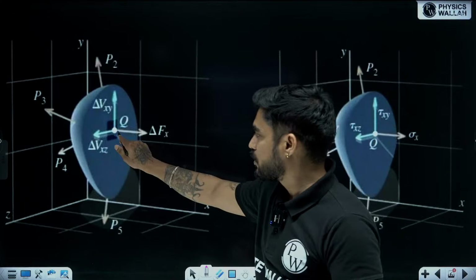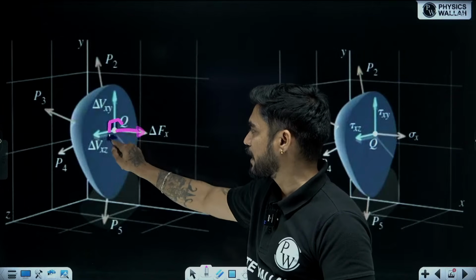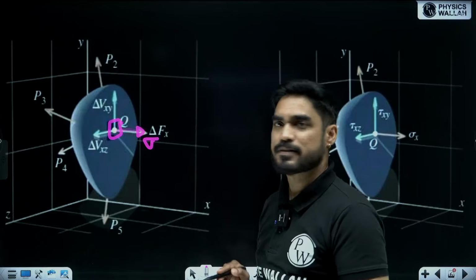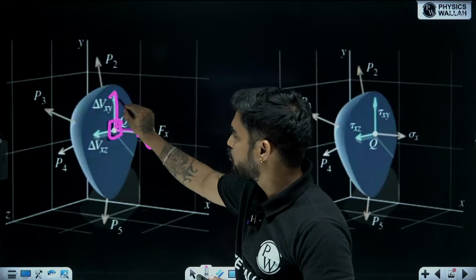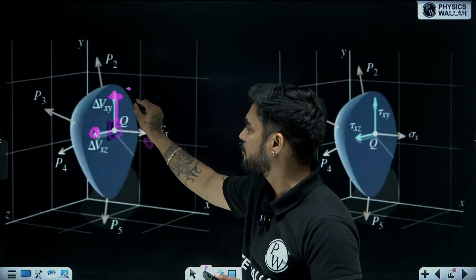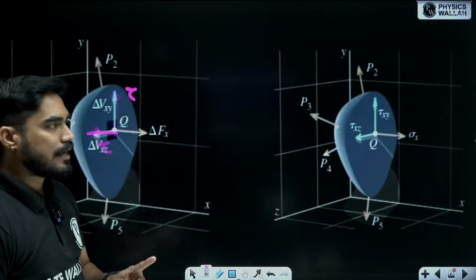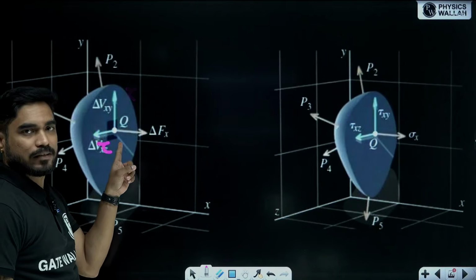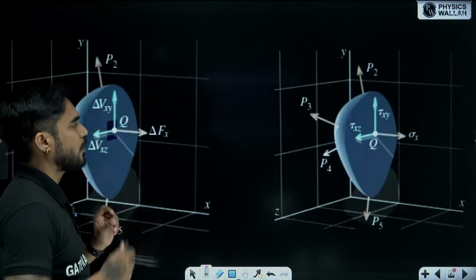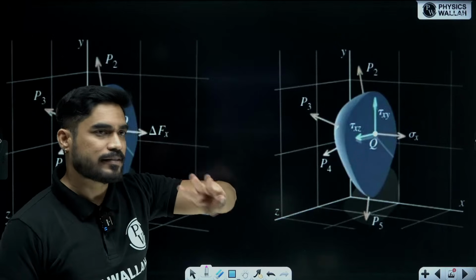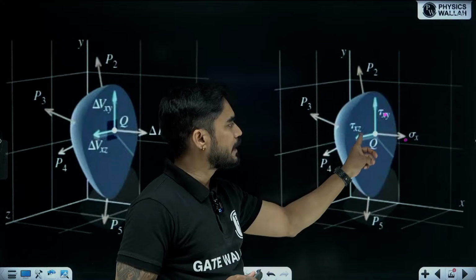So due to this force which is normal to the plane, we are going to get a normal stress, and due to these two forces which are parallel to the plane, we are going to get shear stresses. That means on this plane, at any point you are going to get three stresses, one normal, other two shear.